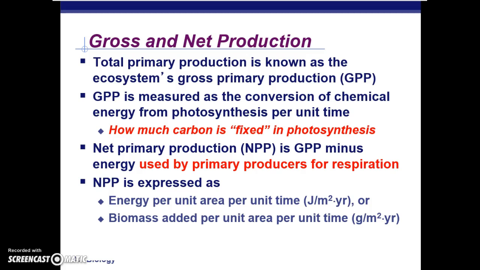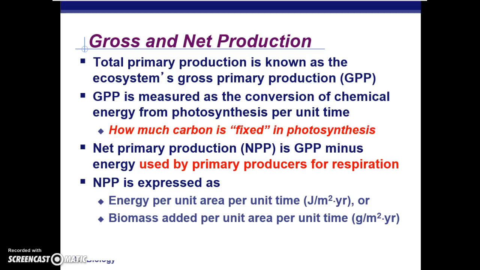And that's simply taking the gross primary production, or the GPP, and subtracting any energy used by those primary producers for their own cellular respiration. So we've already talked about this a little bit in a lot of our classes about how producers also go through cellular respiration, when we were looking at eutrophication and how there is this need for oxygen even by plants themselves.